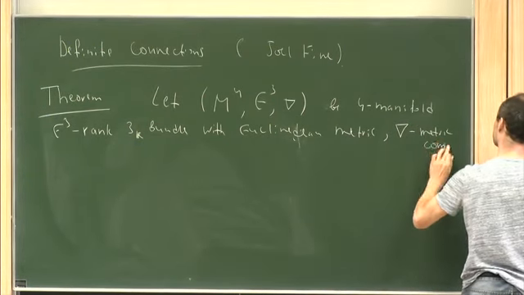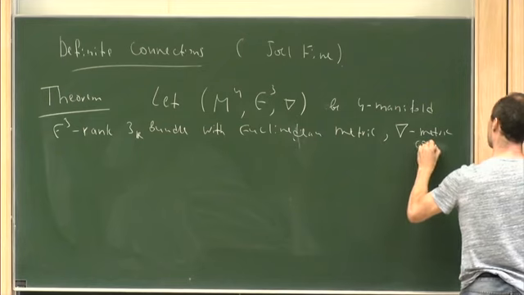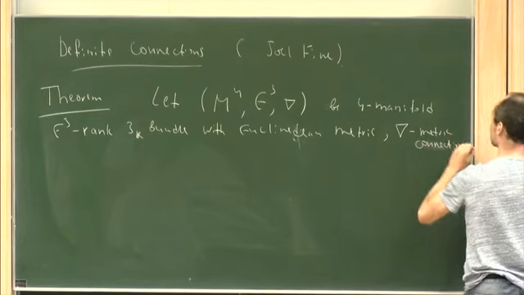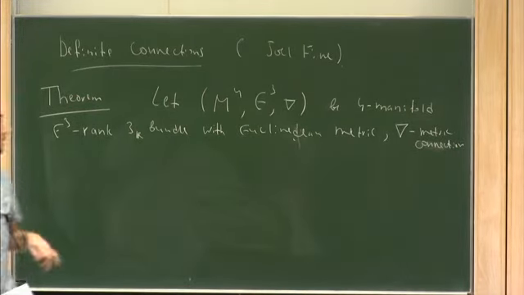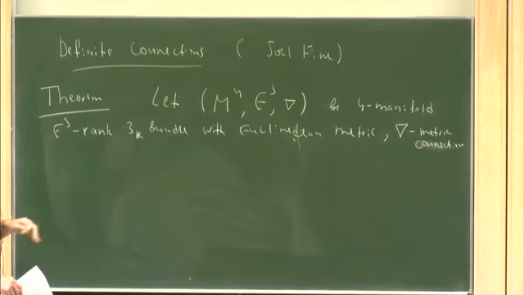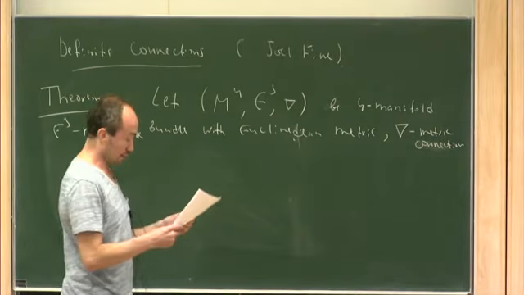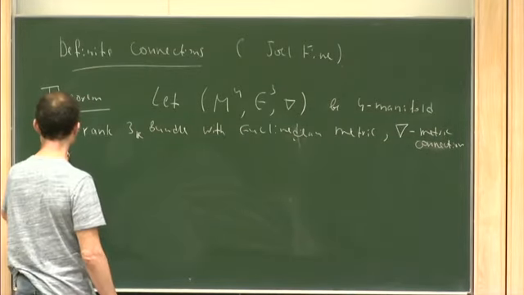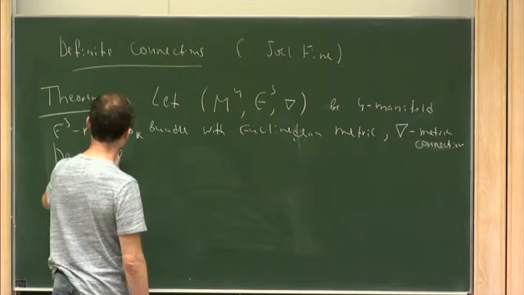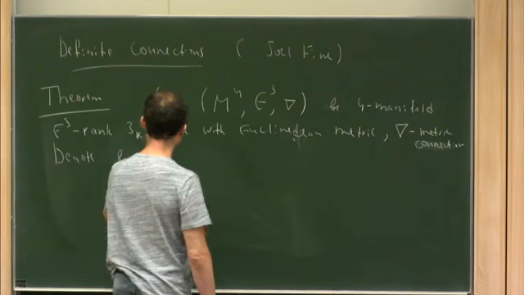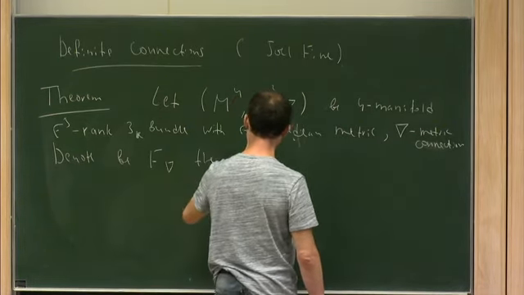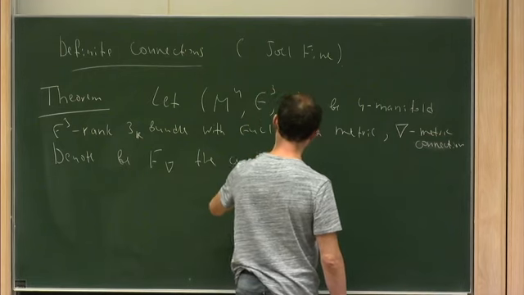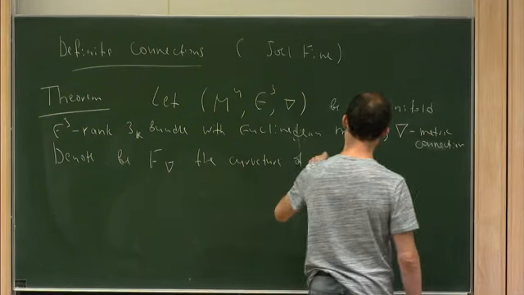Okay. So we have this data: a 4-dimensional compact manifold, a rank 3 bundle, and a connection on it. And next, denote by F nabla the curvature of this connection.